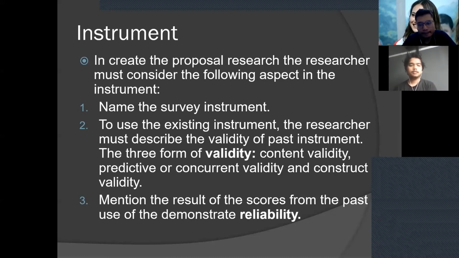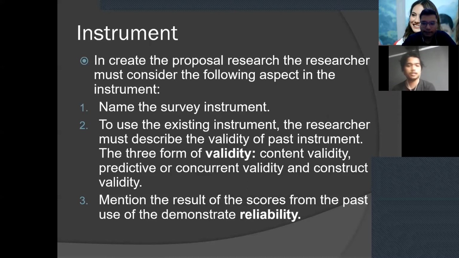And next, the instrument. In a good research proposal, the researcher must consider the following aspects of the instrument. Name the survey instrument, meaning what you use to select from the population to be the sample, something like a questionnaire.